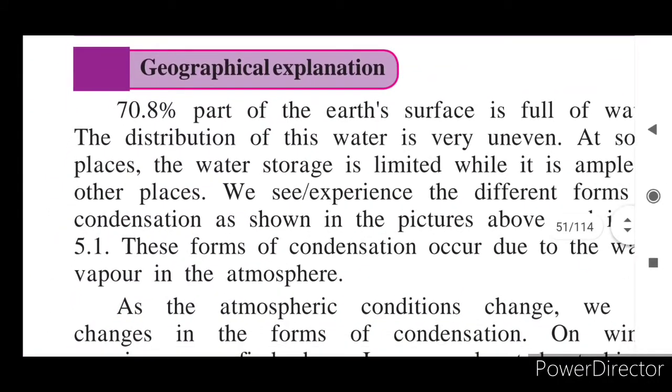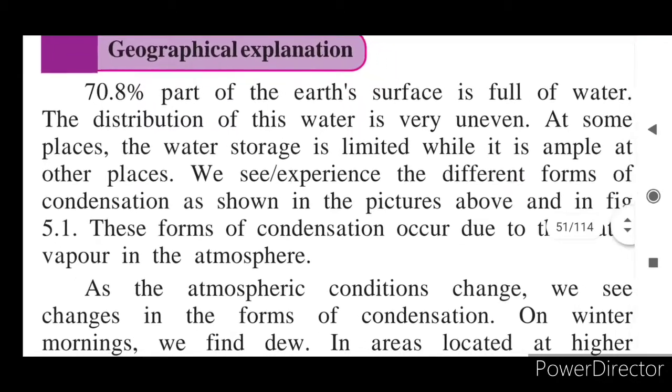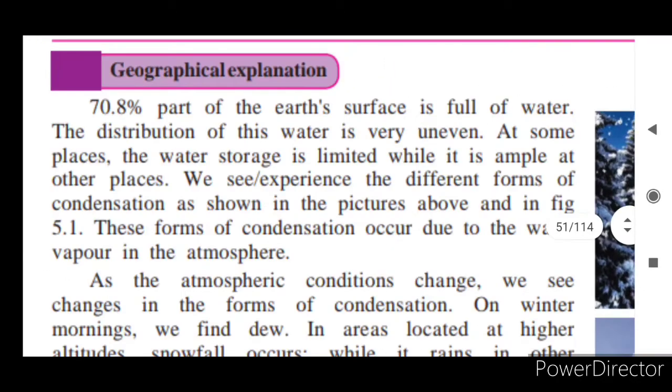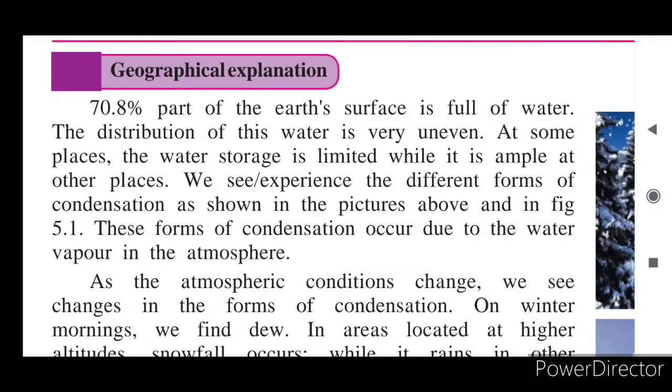Now we will study the geographical explanation. 70.8% of Earth's surface is full of water. The distribution of this water is very uneven. At some places the water storage is limited while it is ample at other places.